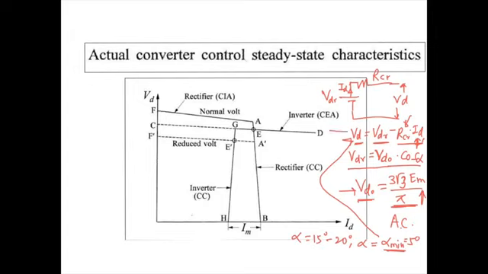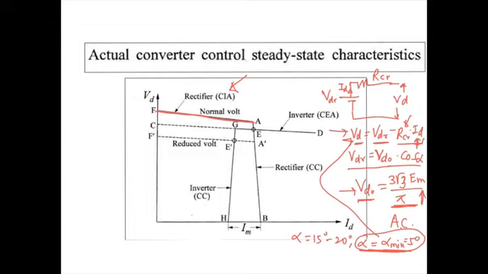This particular equation is represented here by this line, and this line is called the constant ignition angle characteristic. The ignition angle refers to this alpha minimum. The word constant is included here due to the fact that the magnitude of alpha cannot be below alpha minimum, and therefore the name constant ignition angle characteristic.